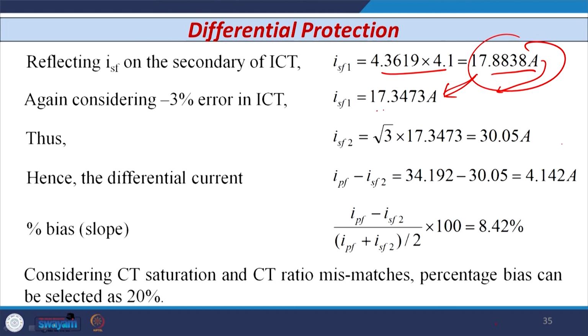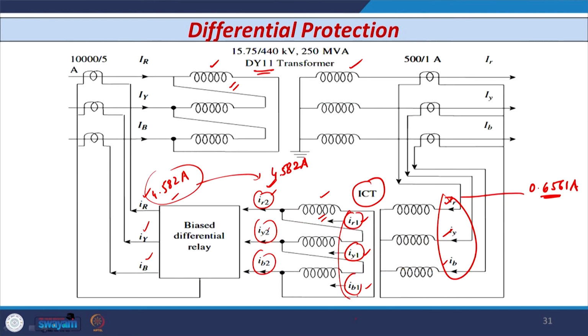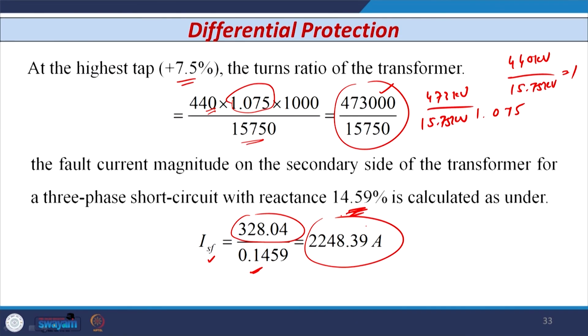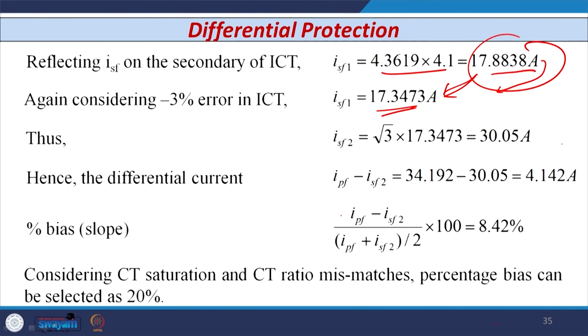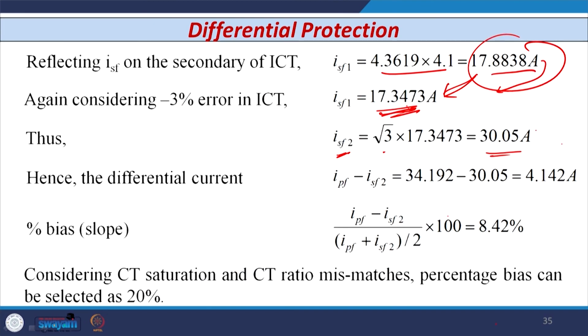This value is somewhere here, right. And to find out the ISF2, I have to multiply this value with root 3. So its value comes out to be 13.05 ampere. In the previous case, the value is 34 ampere on the primary side CT secondary, and on this side the value is this.